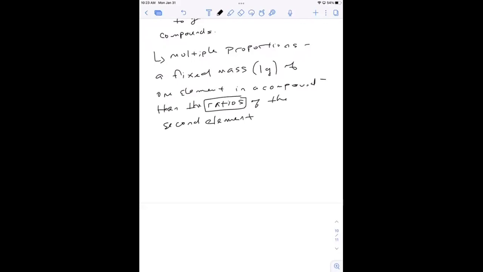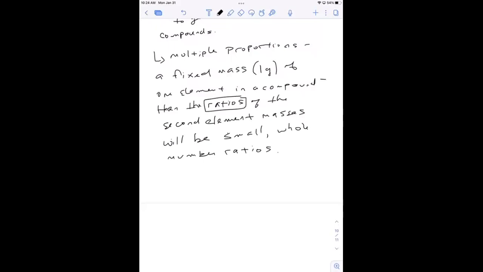So the ratios of the second element will be small whole number ratios. I know this is a lot, right? So you can reduce those ratios to small whole numbers. All right, and this sounds like a lot, but when we see it in practice, it'll make more sense.